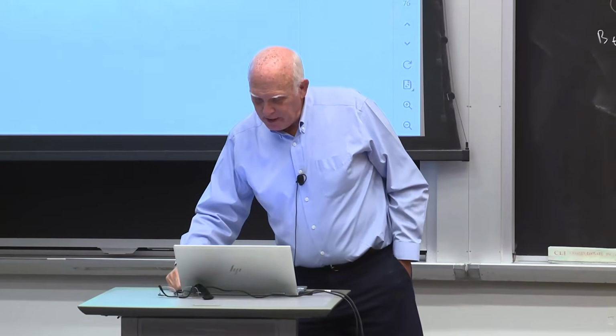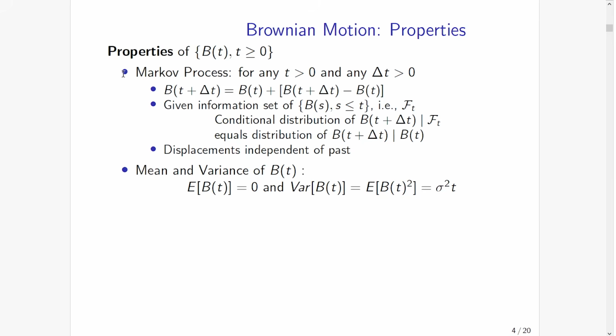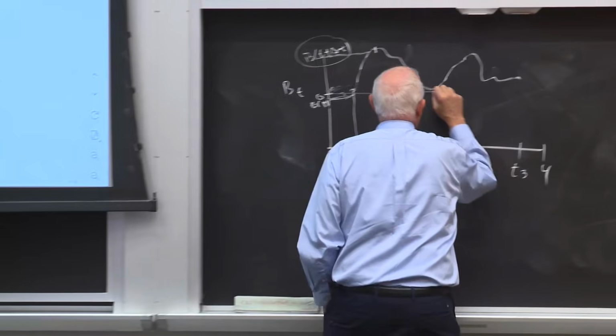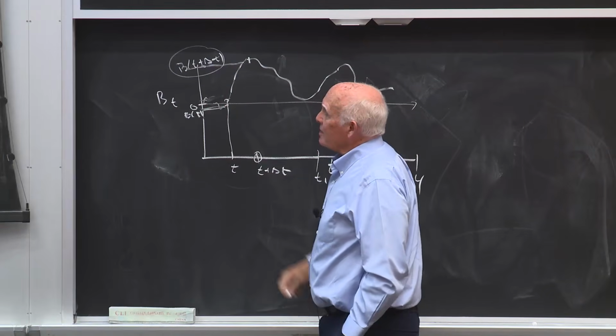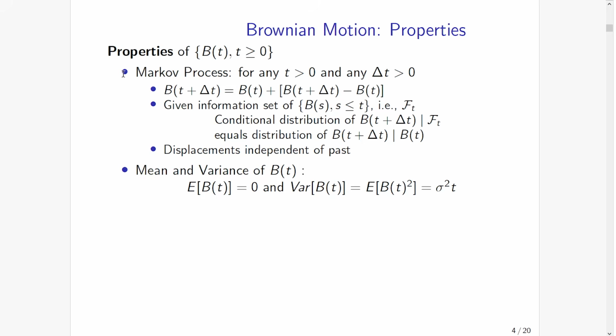Okay, mean and variance of B(t). Well, because the increments are normally distributed with mean 0, then the expected value of B(t) into the future will stay at 0, but the variance of B(t) will increase with time.